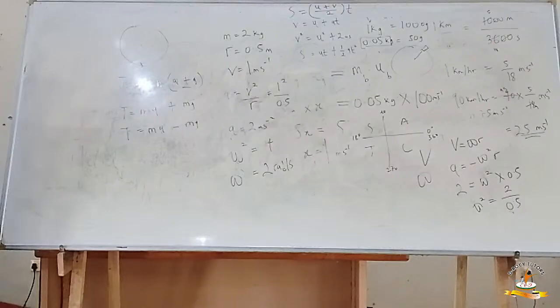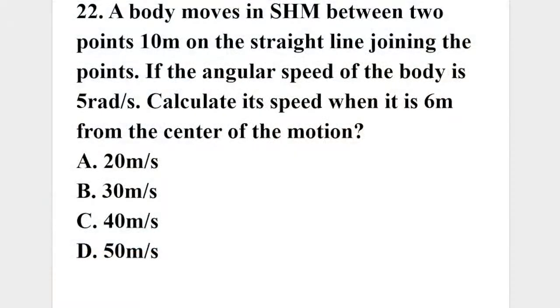So, next question. Yes, this one is involving SHM. A body moves in SHM between 2 points 10 meters apart on a straight line joining the points. If the angular speed... Now, I've explained the formula for this one already.